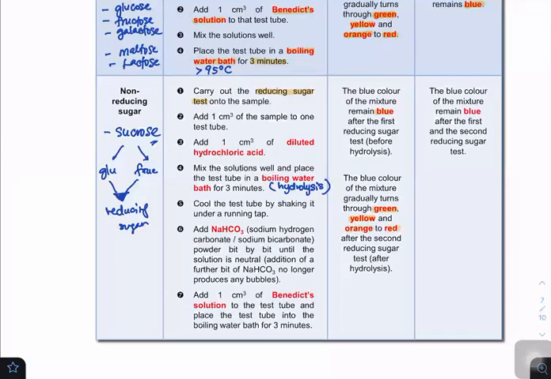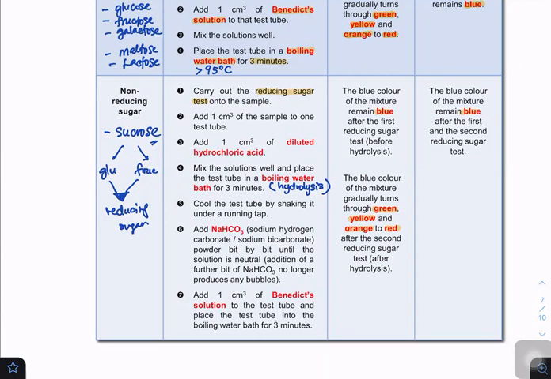If the concentration is high enough, you will get a brick-red precipitate. This is the second reducing sugar test, after hydrolysis. But if the sample does not contain sucrose or non-reducing sugar, then after the first and second reducing sugar tests, the blue color remains blue. Are you clear? Any questions so far?